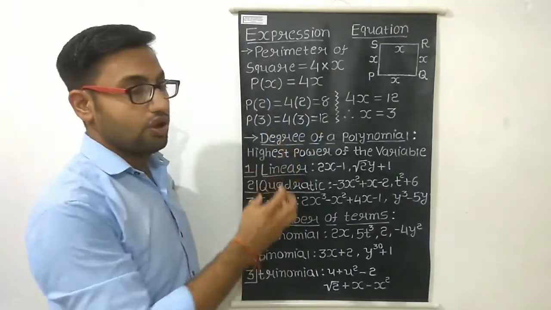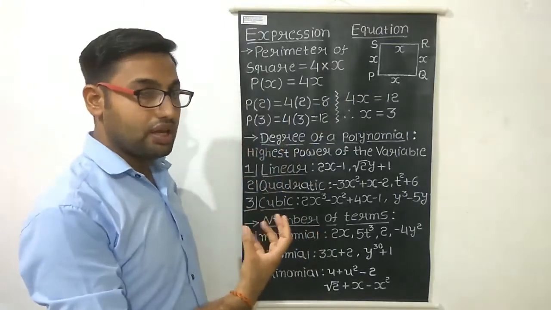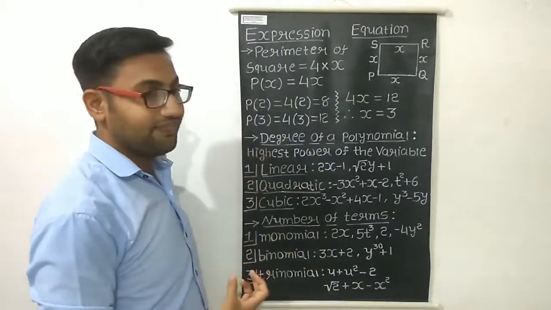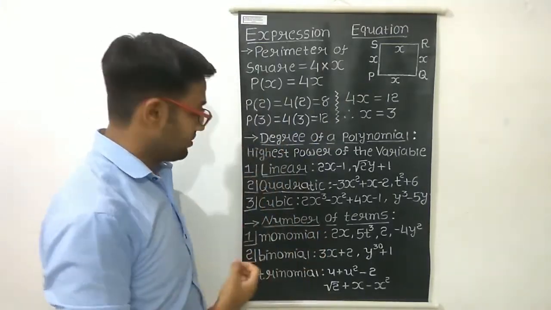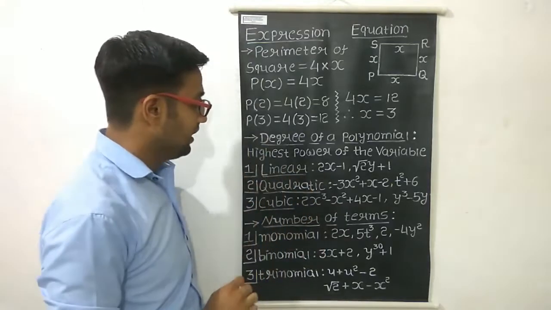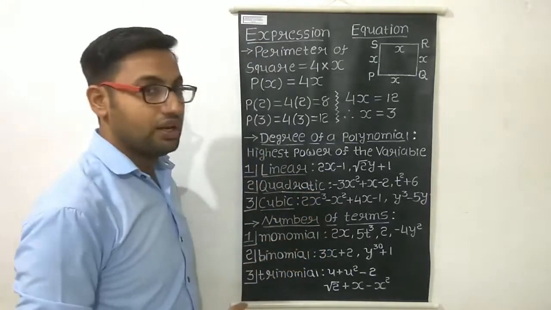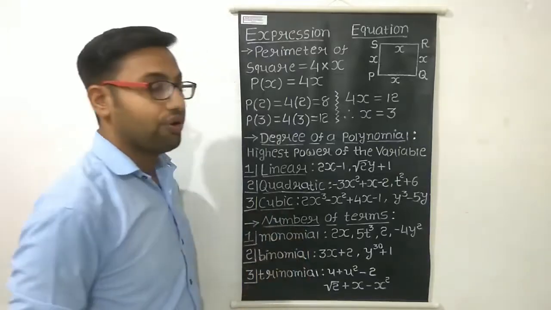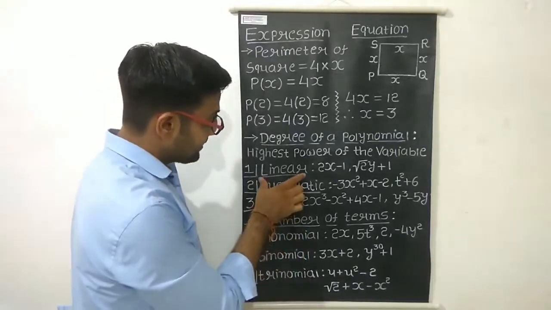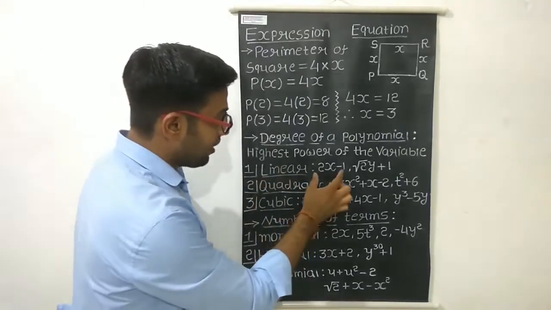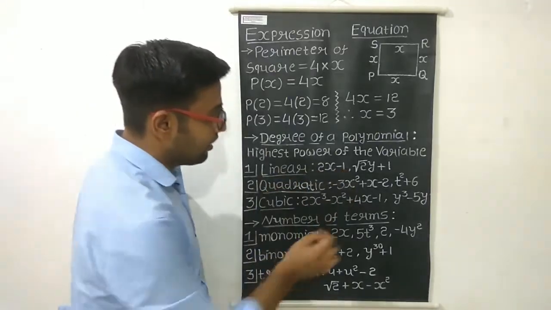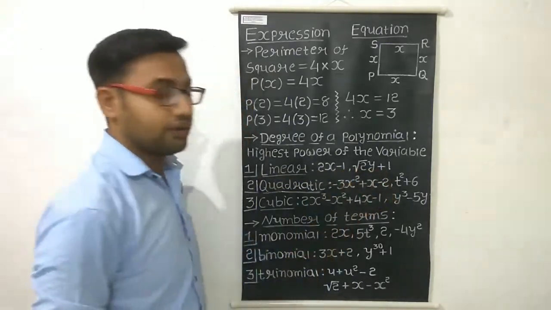So based on the degree of the variable, the polynomials are classified into 3 parts. One is linear polynomial, second is quadratic polynomial, and third is cubic polynomial. The examples of linear polynomials are 2x minus 1, and root 2 y plus 1.